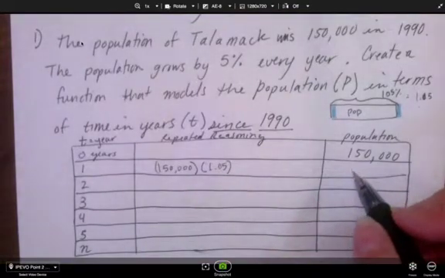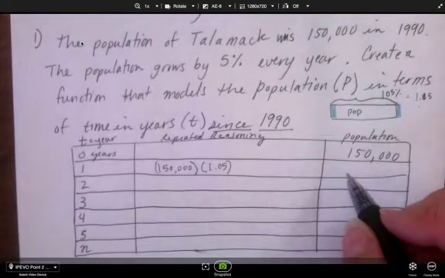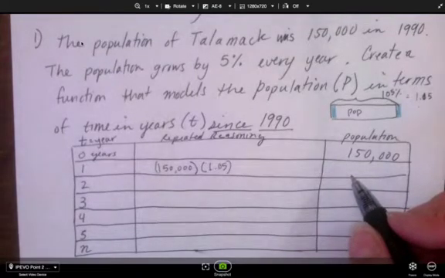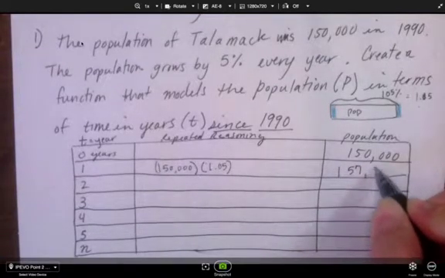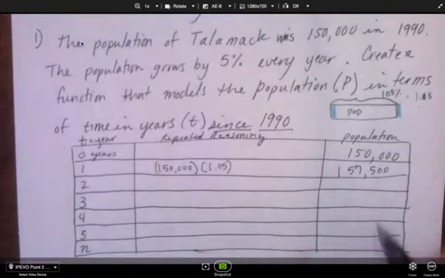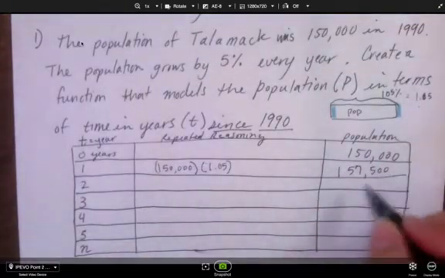In this case, 150,000 times 1.05 is 157,500.